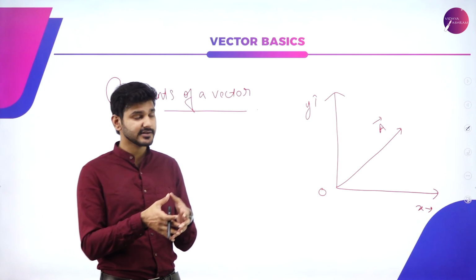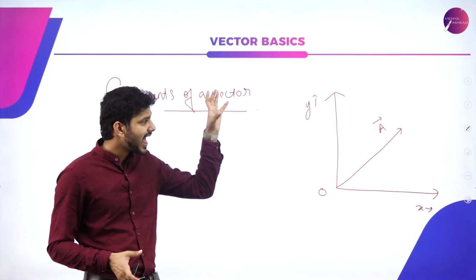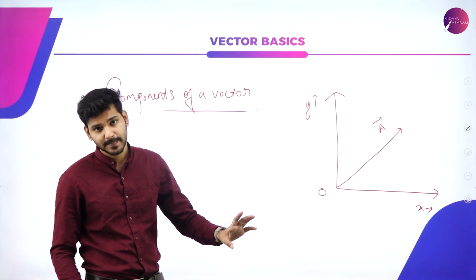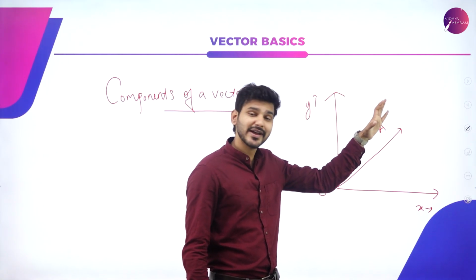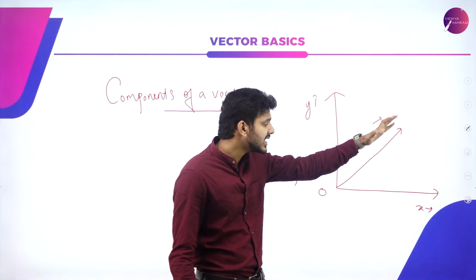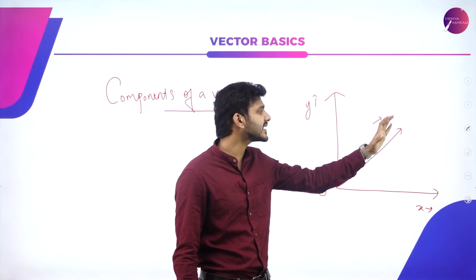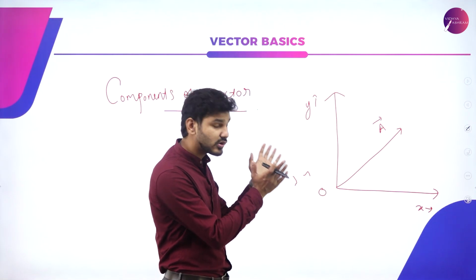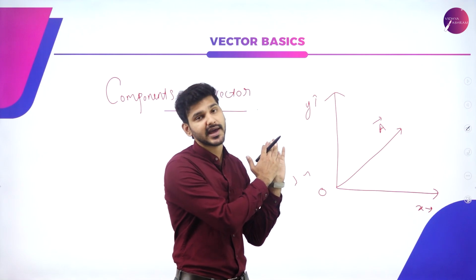The point is that a vector A is represented as such in a graph containing x and y axes. Then I am going to assume that this vector quantity is casting a shadow on the x axis and a shadow onto the y axis.